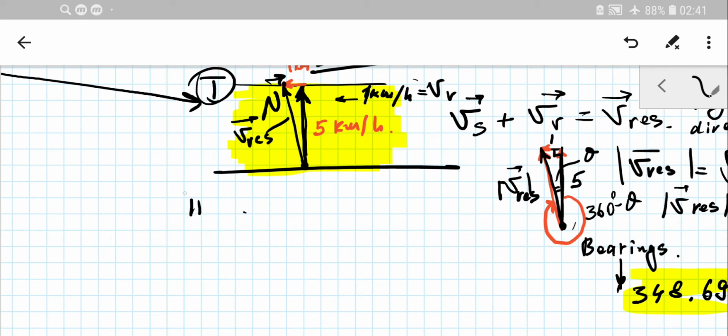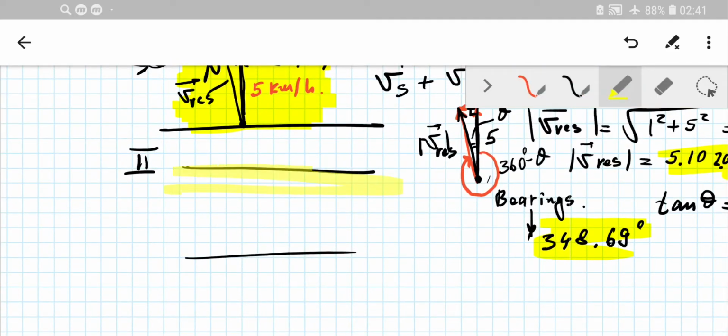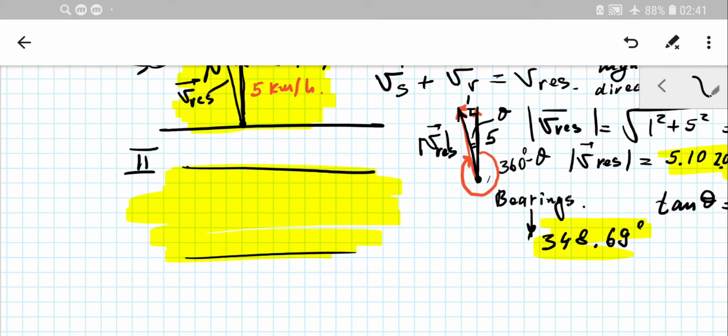But the second case, if we understand that this is the river, so the actual direction is from here to the north. Let's say 5, 1, 2. So it's from here to the north. And this is a resultant. Let's say this is the resultant velocity. Okay? This is the resultant vector.